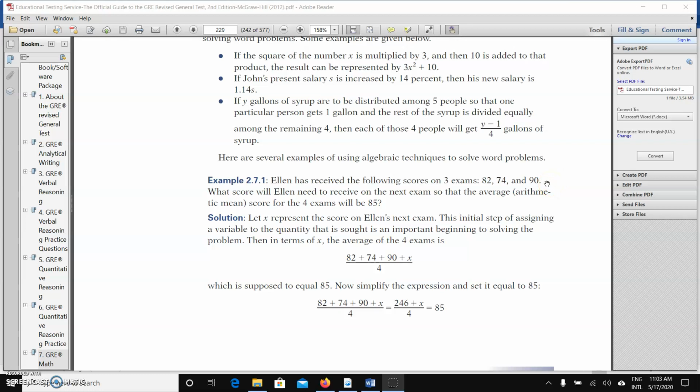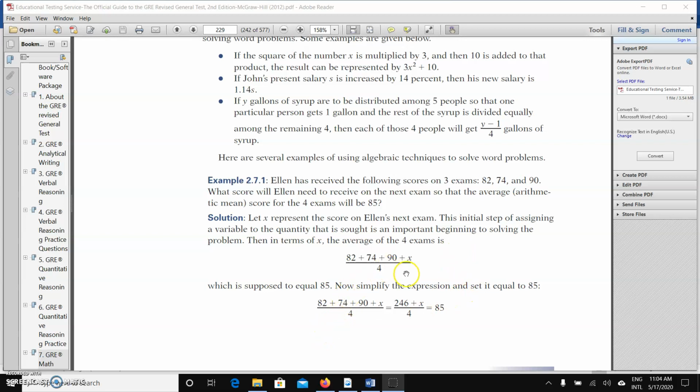It is the one we are looking for. Divided by, now count is 1, 2, 3, 4. Initially it was 3, but now it's 4. It should be 4 equals 85. How did you do? 82 plus 74 plus 90 plus x over 4 equals 85.